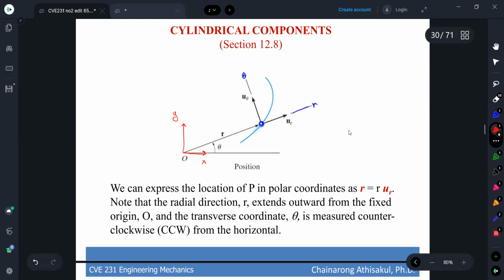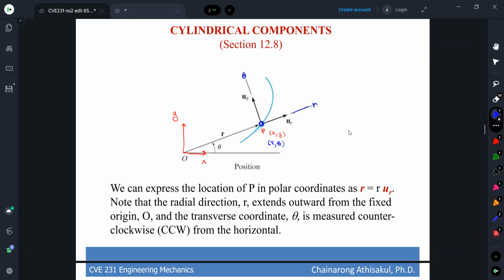This is maybe point P. This point may be represented by the fixed coordinate system x and y, the red coordinate, which is a fixed one. But in some problems, it may be better to define this point by the polar coordinate system, the blue one, that is r, theta instead.